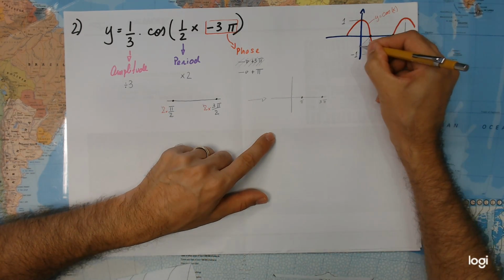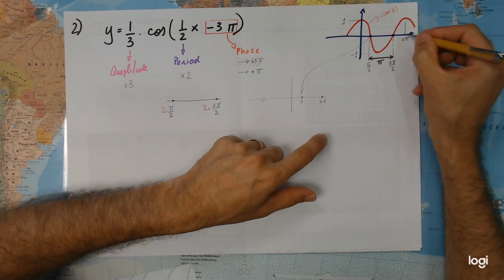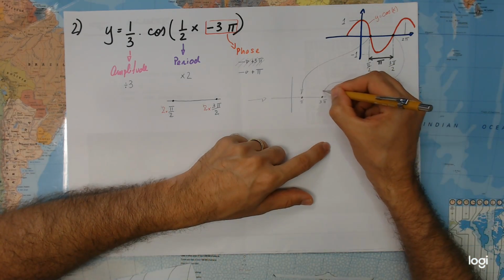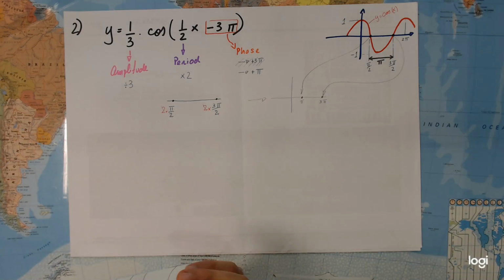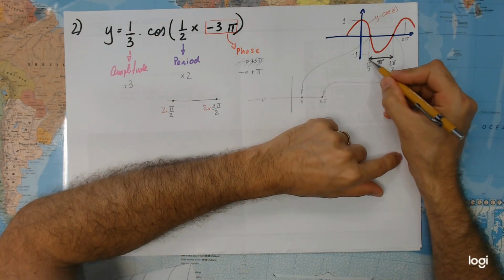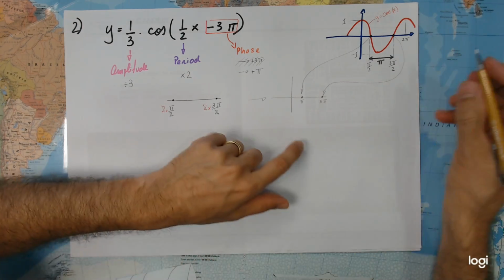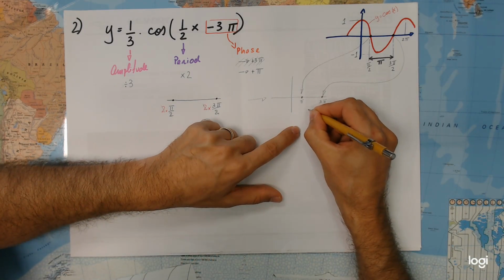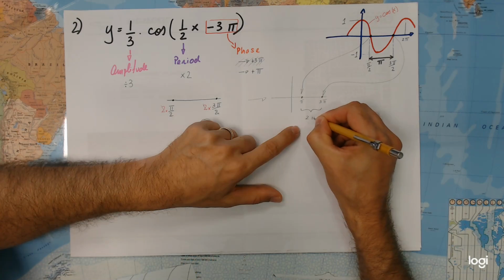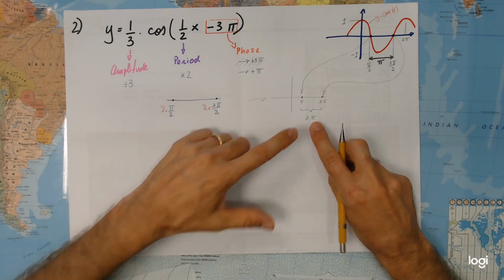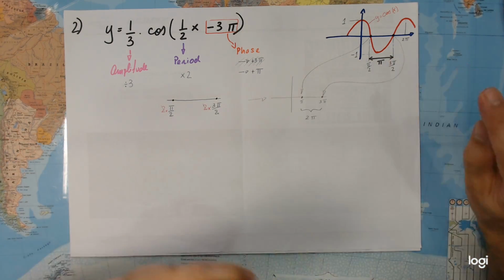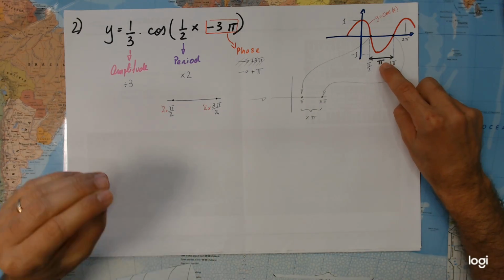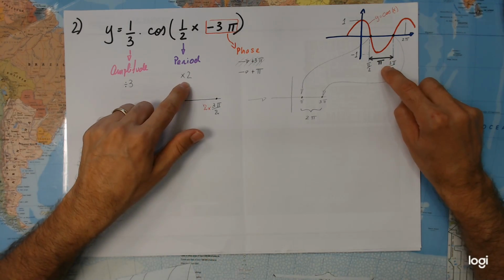Look, okay, and of course remember that this distance used to be pi. Look now, it's 2 pi. Everything on this chart is going to be multiplied by 2.